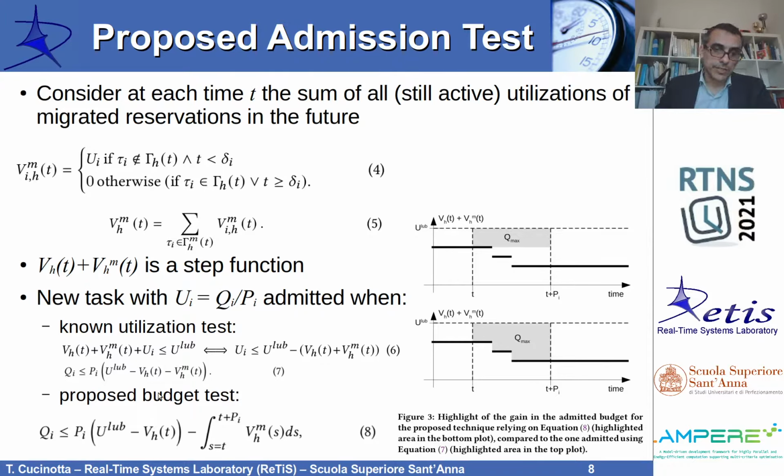We propose a different, extended and less pessimistic budget test, where we admit a new task if its runtime is lower than or equal to the area contained between the V_H plus V_H^M(t) step function and the least upper bound limit of 1. As is visible, the new limit clearly includes the old one, so it's a less pessimistic test.